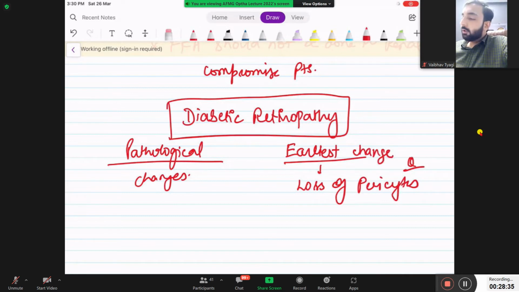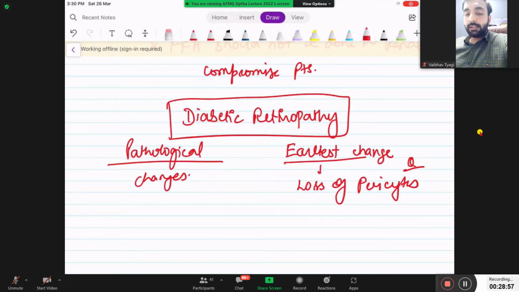Pericytes. So as I told you, diabetes is a disease of small capillaries, right? So these capillaries have junctions which are called pericytes. Pericytes are present in capillaries. So the earliest change which is seen because of diabetes is loss of pericytes.